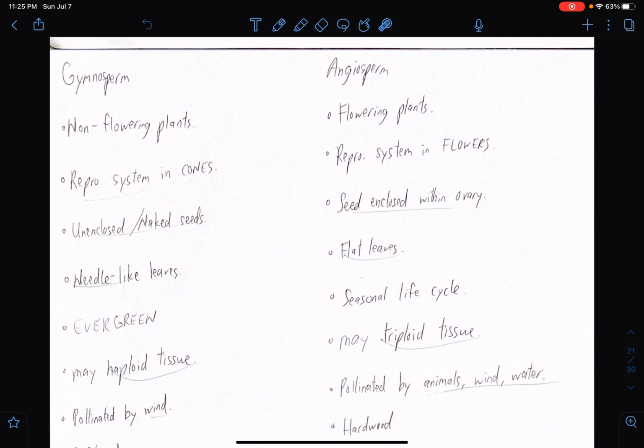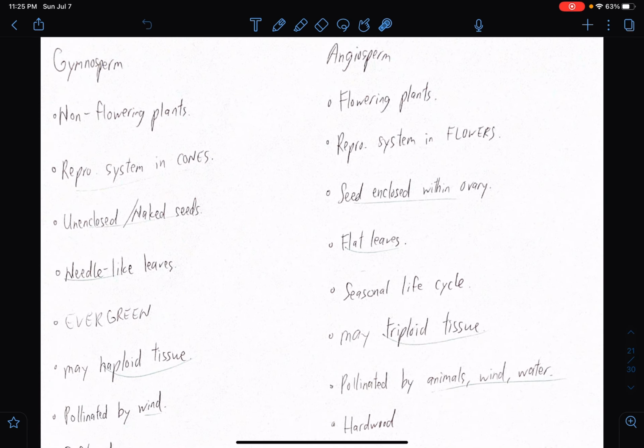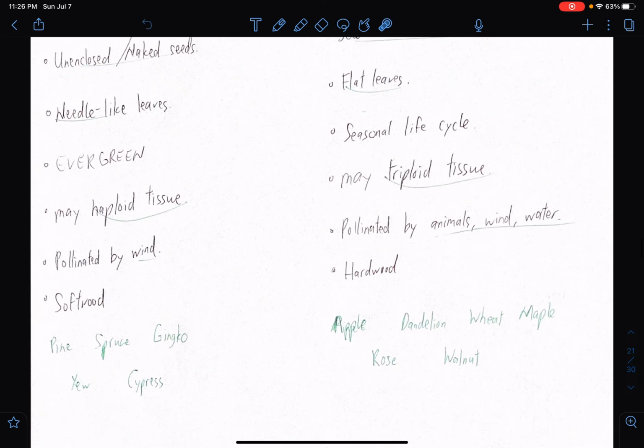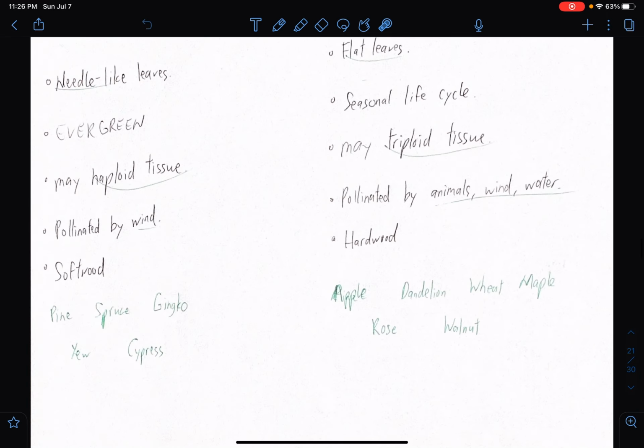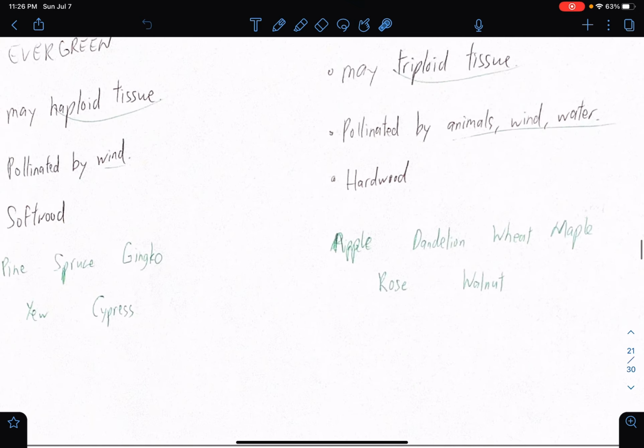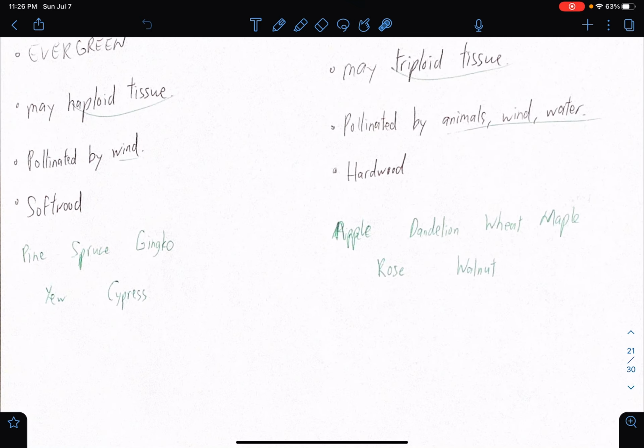Actually, they are the most diverse compared to gymnosperms, mosses, pteridophytes, the other plants that I mentioned earlier. And gymnosperms are softwood, angiosperms are classified as hardwood.